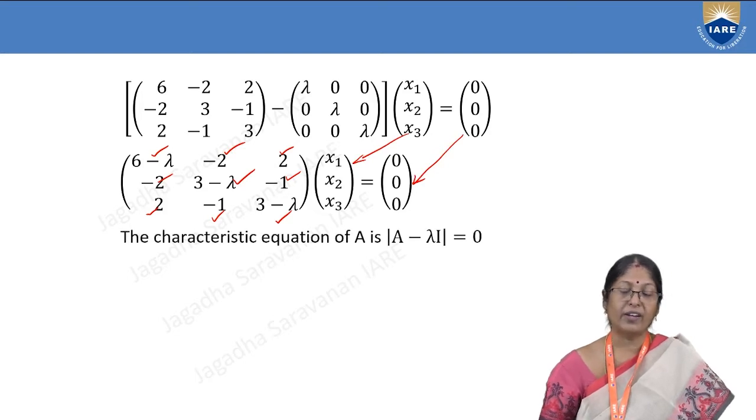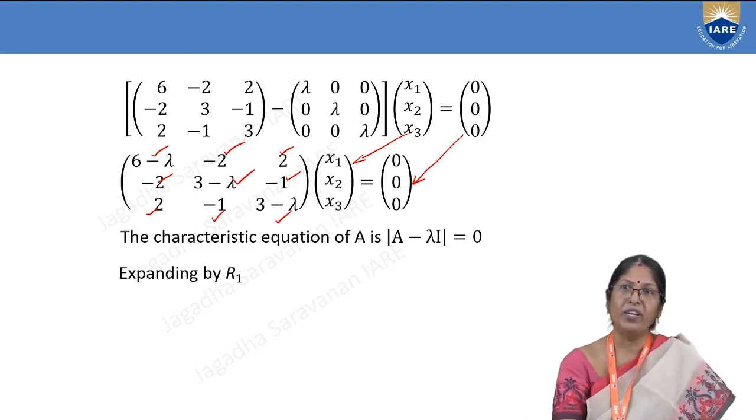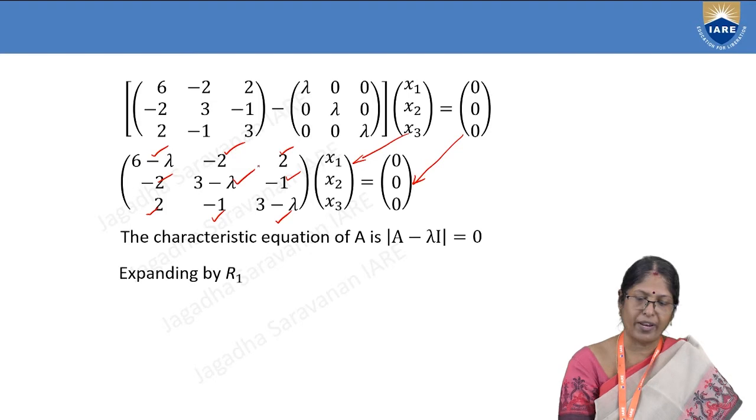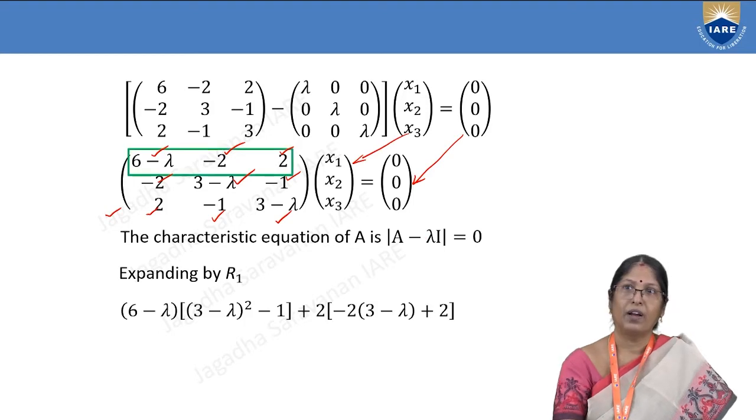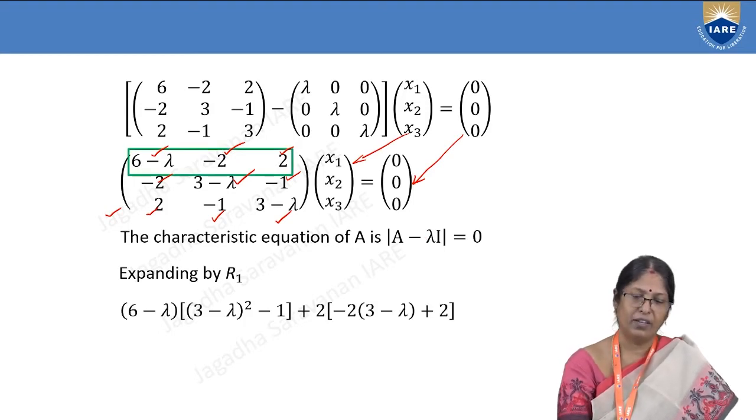Now, the characteristic equation of capital A is determinant of A minus lambda I equal to 0. We are going to expand by R1. This matrix is there, and we are going to find its determinant and expand. We can do it either by R1 or by C1, any way.